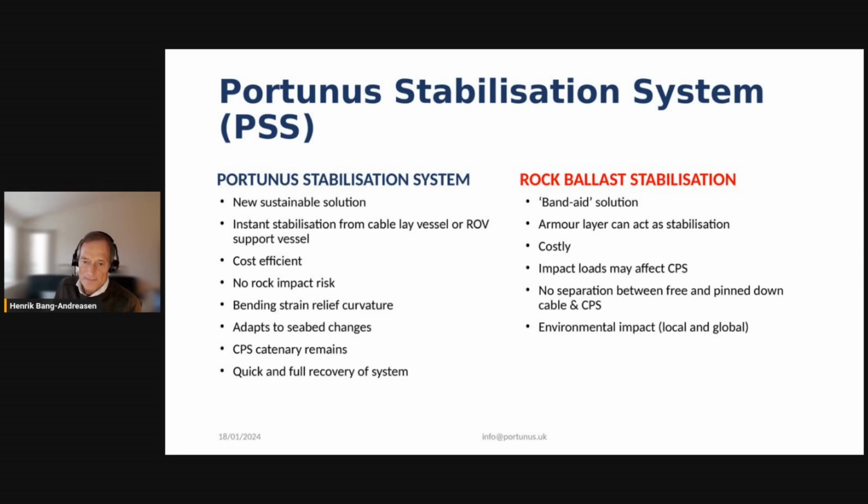There's no separation between the free part and the pinned-down part of the cable and the CPS, so there's no coil spring model in it, and that's where the fatigue is obviously critical in this solution, particularly for the cable. And there's a higher environmental impact of this solution compared to the PSS.